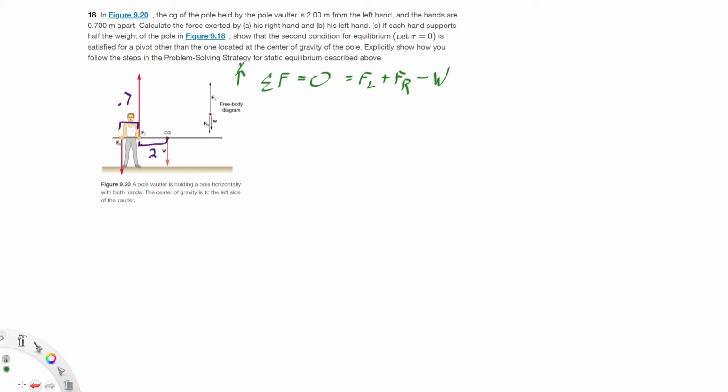If the pole vaulter was in the process of dropping the pole, then the pole might be accelerating toward the ground, in which case the sum of forces wouldn't be 0, it would be some acceleration times the mass.